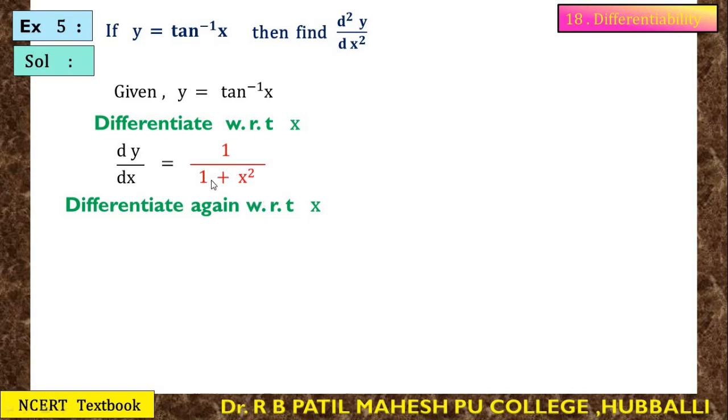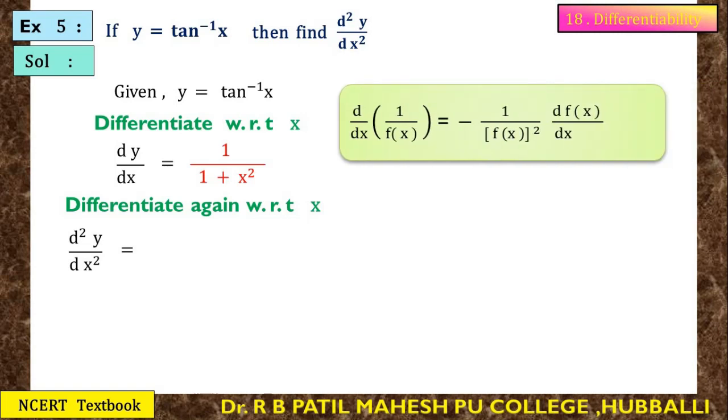I am following that standard formula, that is 1 upon function. So d square y by dx square. Recall that formula. 1 upon function is written as minus 1 divided by square of the function, that is 1 plus x square whole square, into d by dx of 1 plus x square, that is the function. I hope you got it.